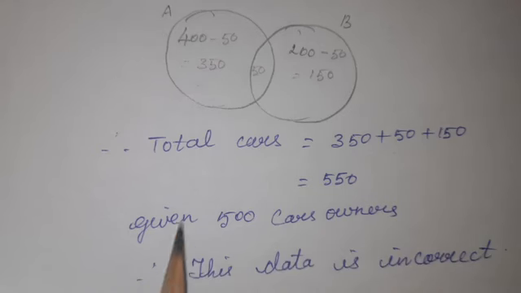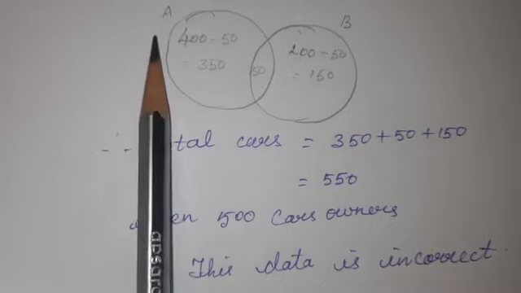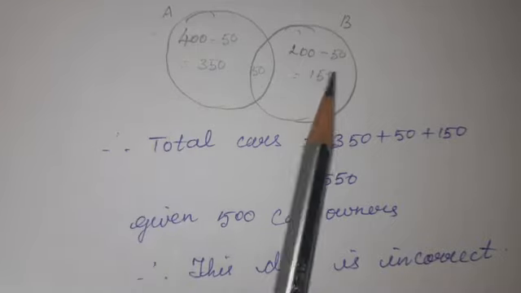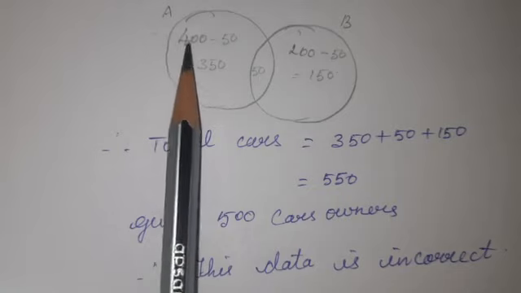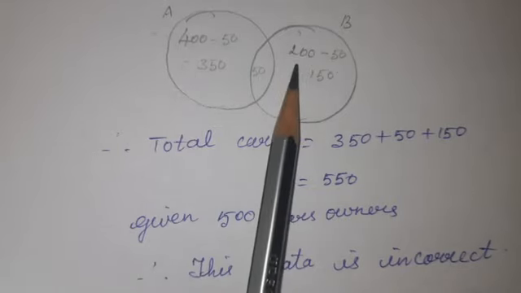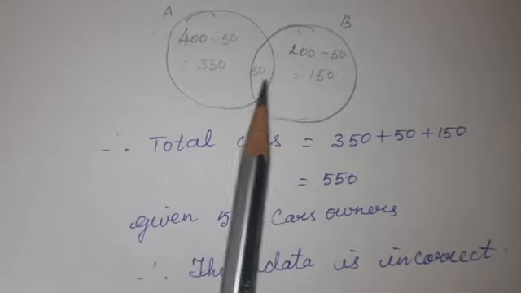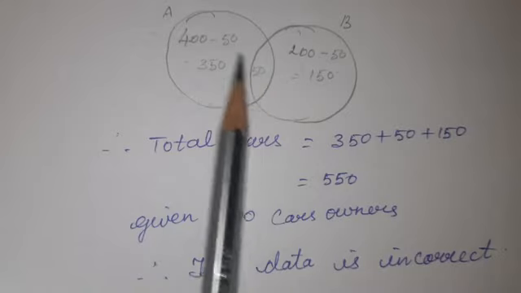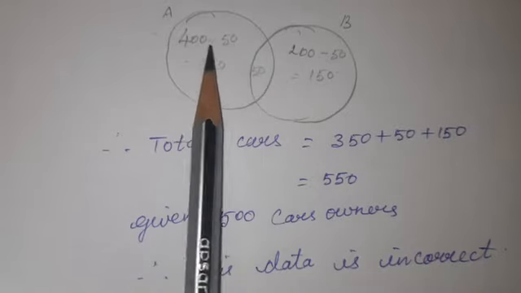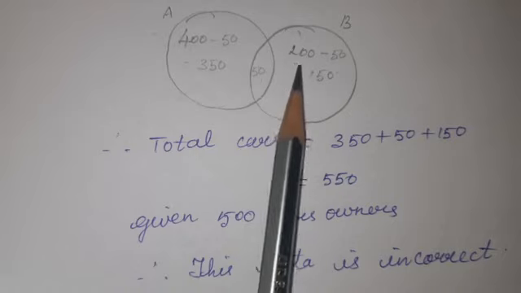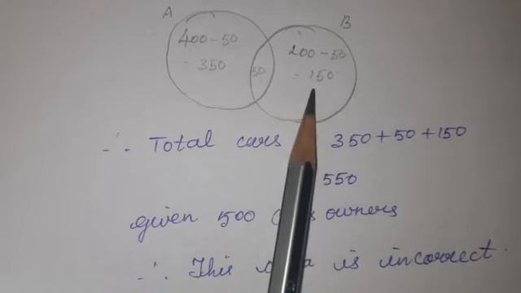I have drawn the two circles, this is car A and this one is car B. In the question car A is 400, car B is 200, and for both 50. So I take 50 here and subtract: 400 minus 50 is 350, 200 minus 50 is 150.